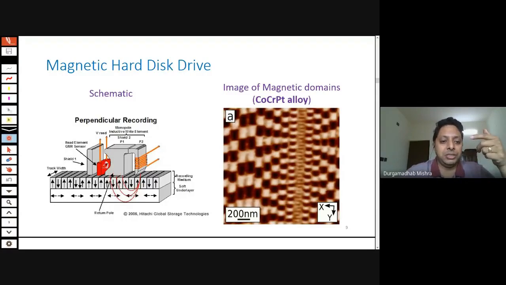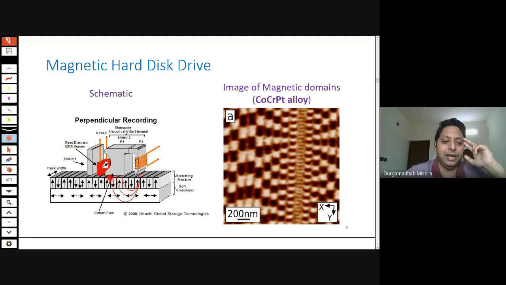Writing means you have to switch from up to down, so you change 1 to 0 or 0 to 1. You flip it. That is what this part does. It is nothing but an electromagnet. You apply a certain magnetic field, switch it on and off, and you can reverse the domain.